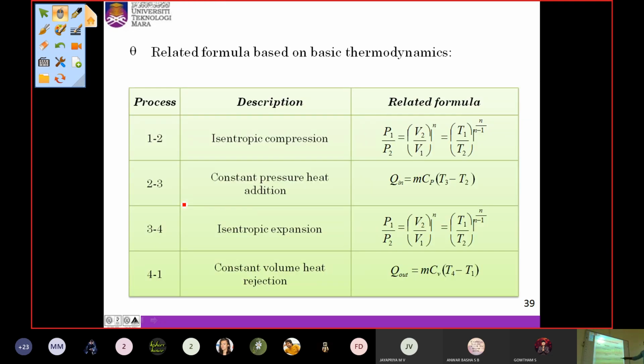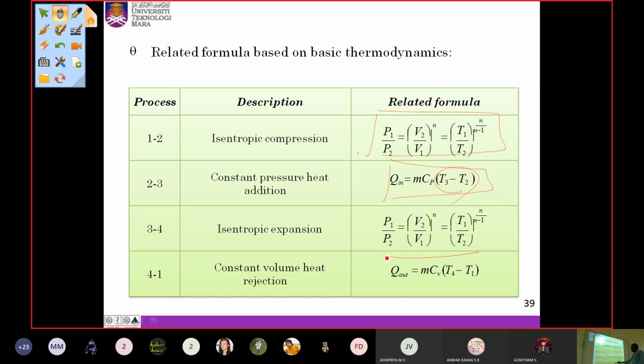Then, as usual, we know the formulas for the separate processes. We have isentropic compression at the first state, with the formula that you know already. Then for the constant pressure process, the heat addition will be m Cp into the change in temperature, that is T3 minus T2.